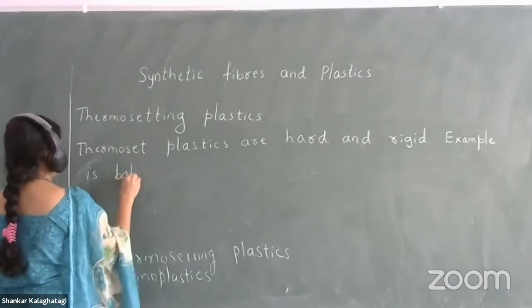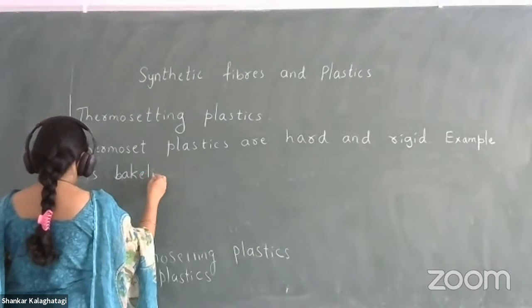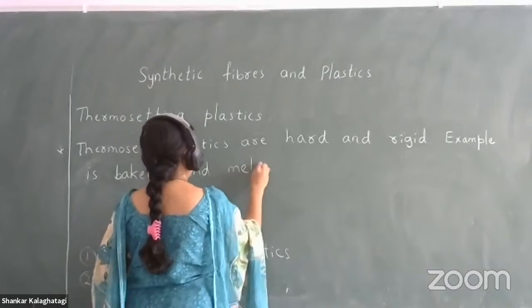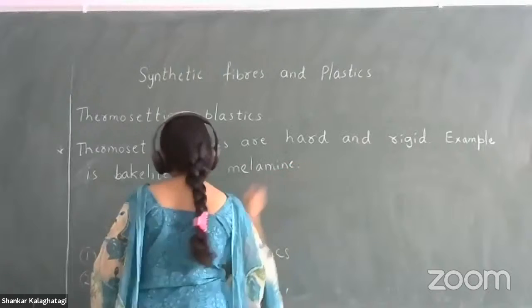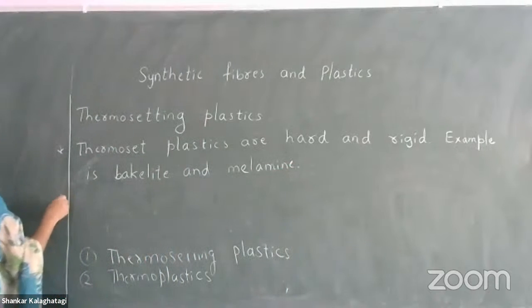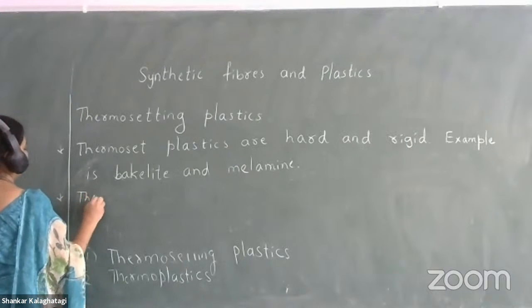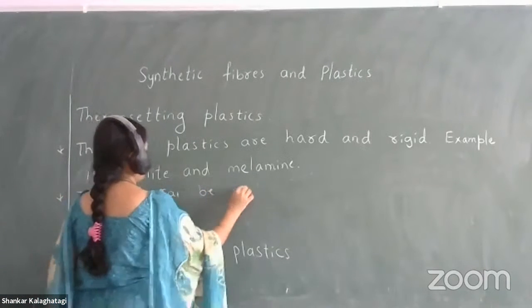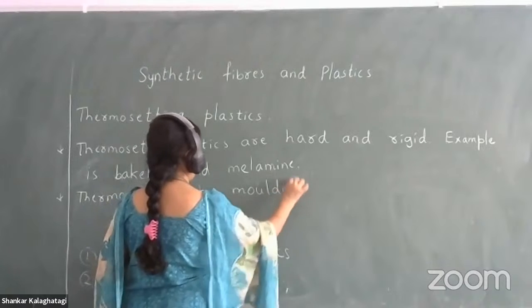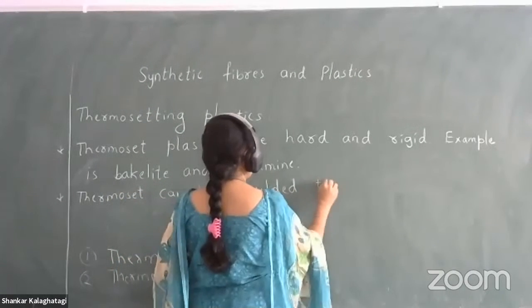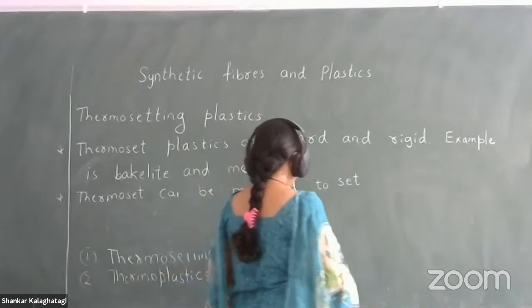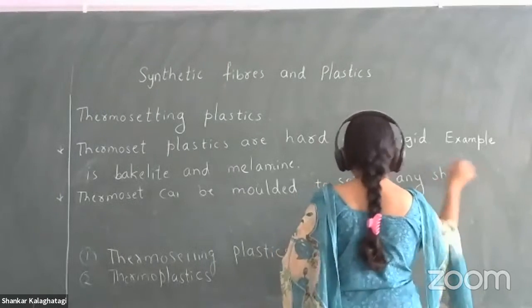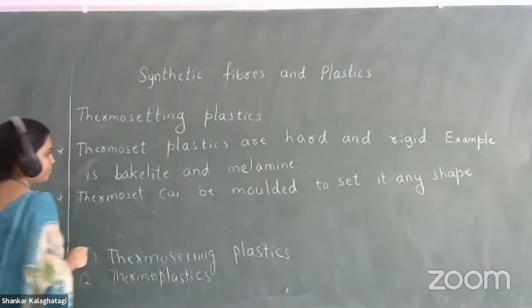Bakelite and melamine. Thermoset can be molded to set it in any shape, but it cannot be remolded.